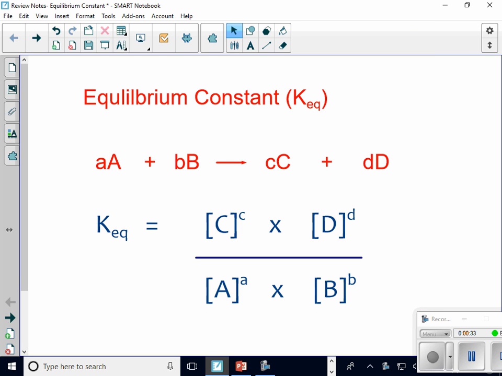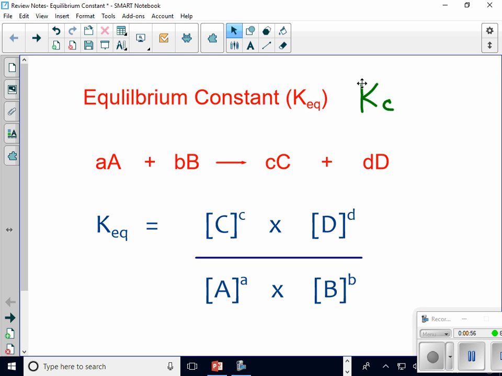Now, if you saw on the video, at times you will see this as K with the subscript EQ, while at other times you'll see it with the subscript C. So just be aware that you can see it using either way.